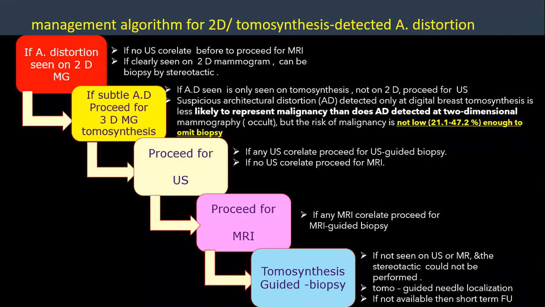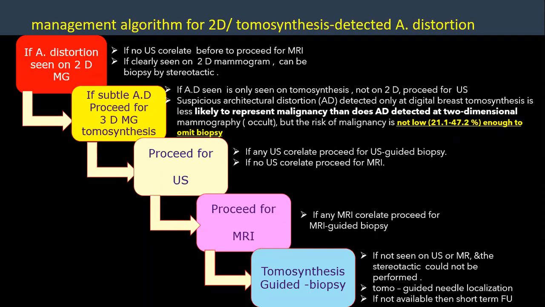If the lesion is not seen on ultrasound or MRI and stereotactic biopsy cannot be performed, the remaining option is tomosynthesis. If there is facility for tomosynthesis-guided needle localization, use it to guide the surgeon to remove the lesion. If not, closely monitor the lesion with short-term follow-up.